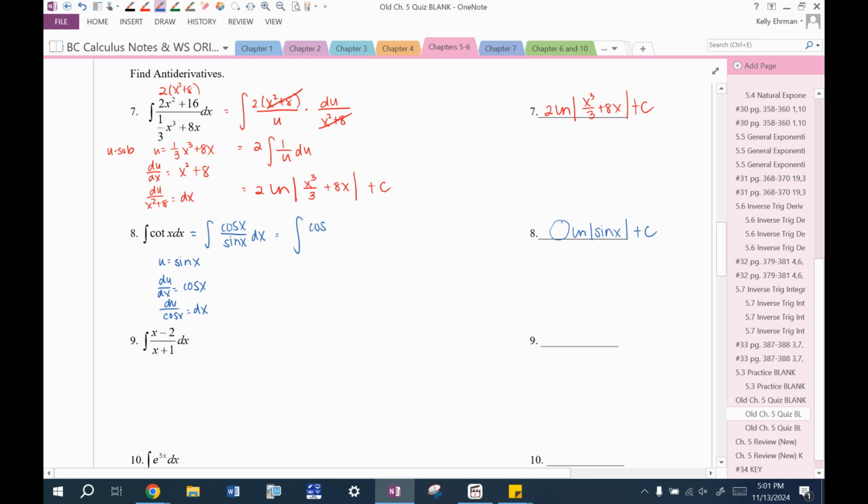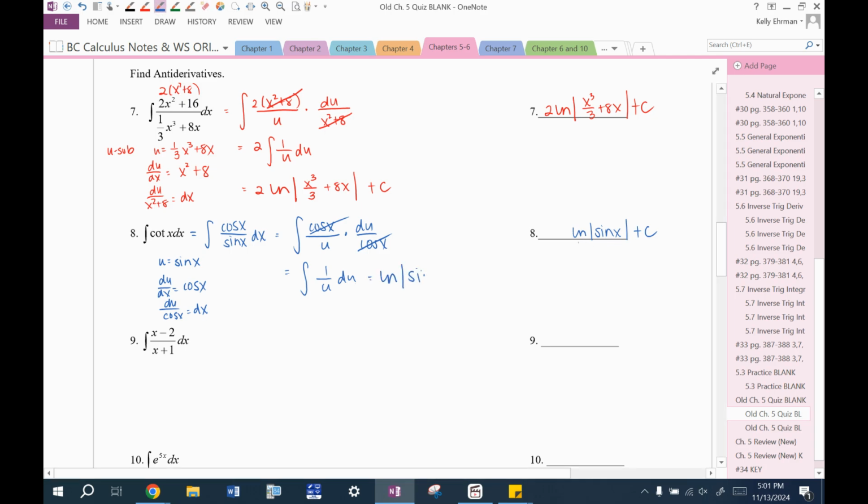So the integral of cosine x over u, and then dx is du over cosine x. So we get it to the integral of 1 over u du. So that's going to be natural log of absolute value of u, which was sine x, plus c.